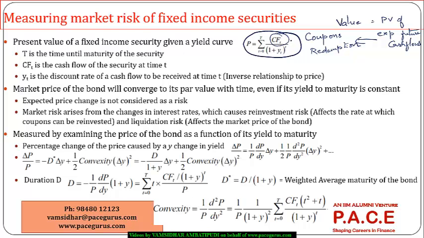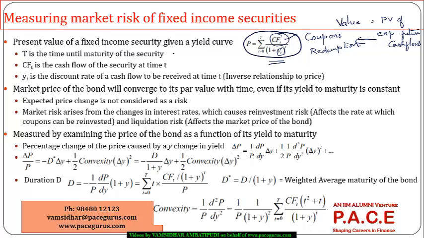So this is where we are talking of different cash flows, CF1, CF2, CF3 up to CFT, at different time periods. We are discounting them with (1 + Y_t)^t, whatever is the interest rate at each of the periods. We are talking about a different interest rate for each of the periods. So that particular periodic interest rate is what we are using for the discounting purposes.